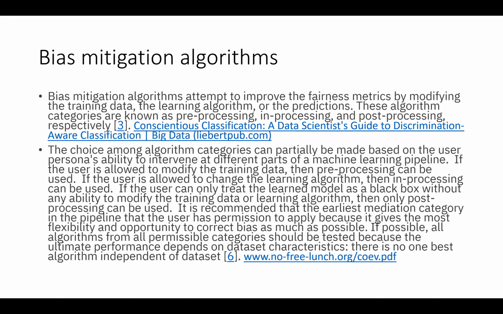Okay, mitigation. As I said before, we have some algorithms to reduce bias if we have found bias. When you say I got bias in my model performance or in my data set, this has to be decided by a machine learning board in your company.